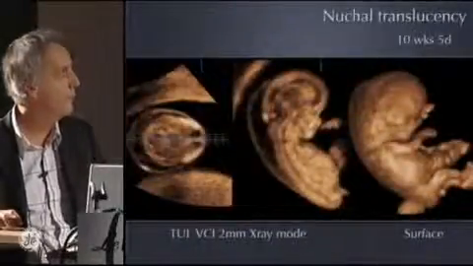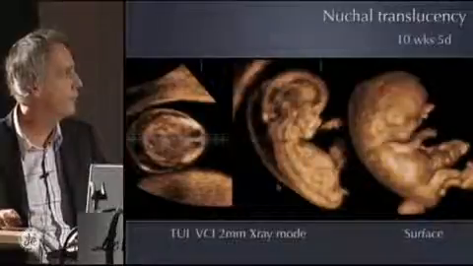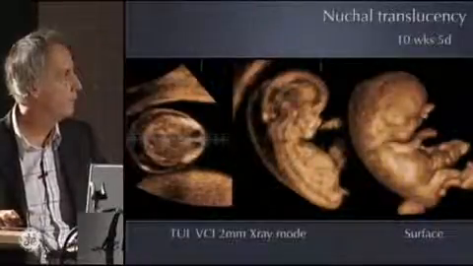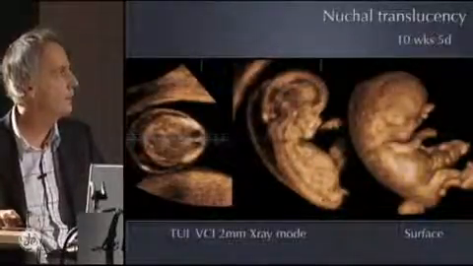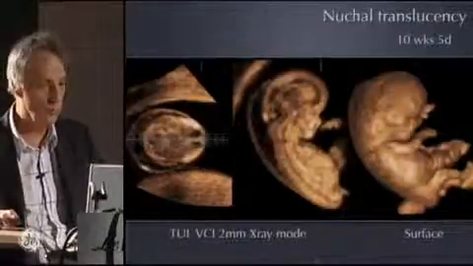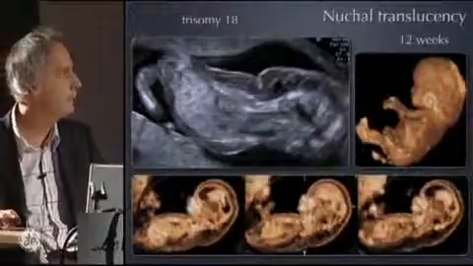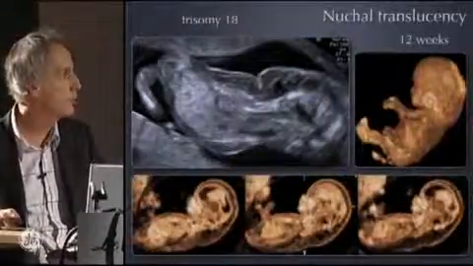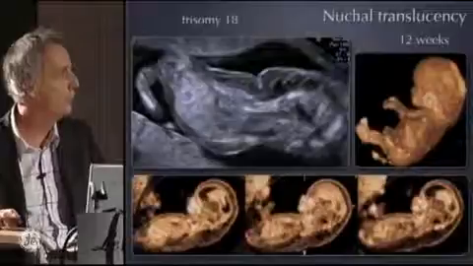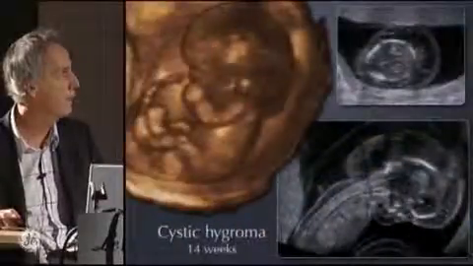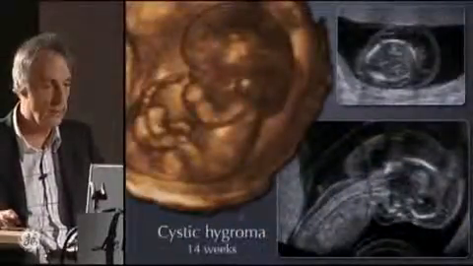And the nuchal translucency, 10 weeks of pregnancy, using the VCI static here and the 3D rendering with surface mode. A trisomy 18 with a large cystic hygroma, and another one with a cystic hygroma.